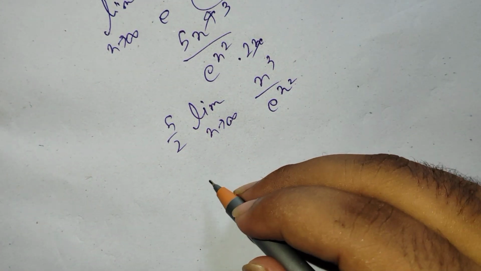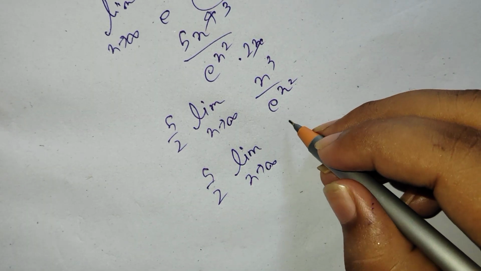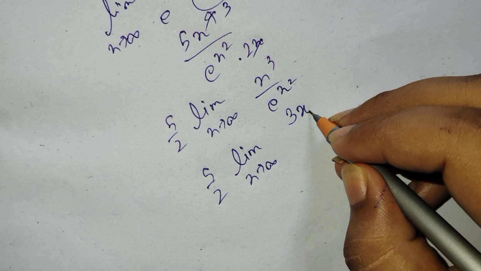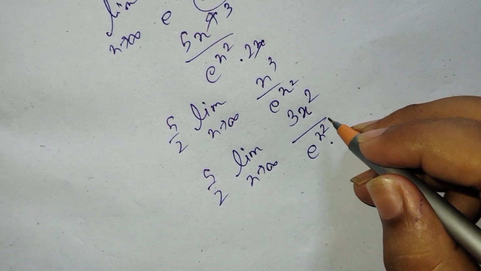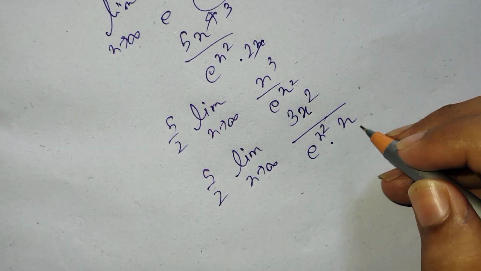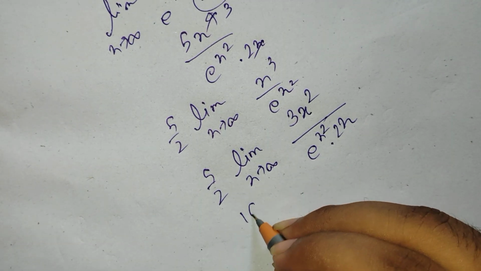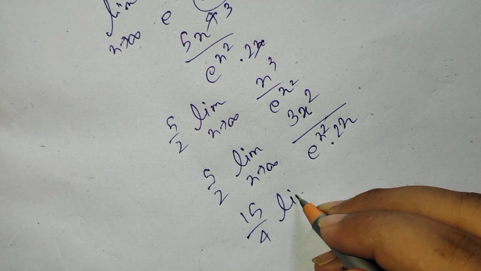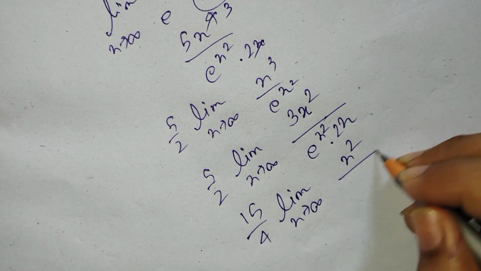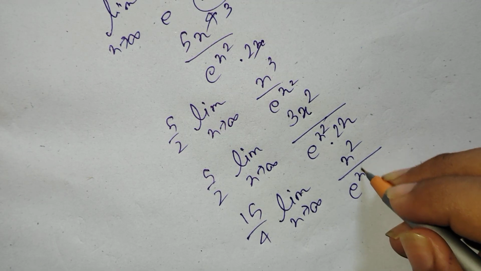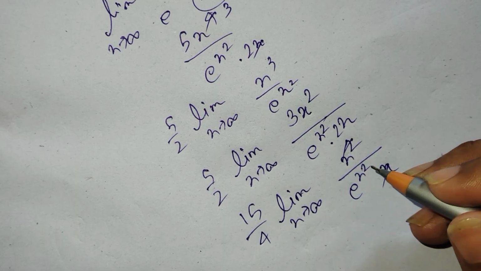Now again LH rule, 5 by 2, limit x tending to infinity. This is 3 into x whole to the power 2, and this is e to the power x square into 2x. This is basically 3 into 5, 15, x square by e to the power x square.